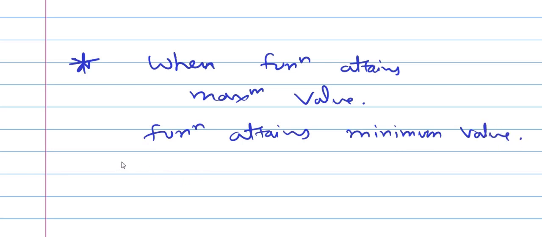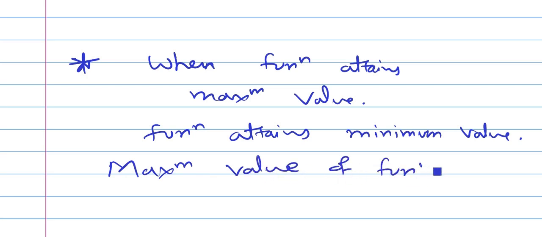Then we will find out maximum value of function. What is the maximum value of function? What is minimum value of function? So these many points we should be able to find out once a function is provided and interval is provided.